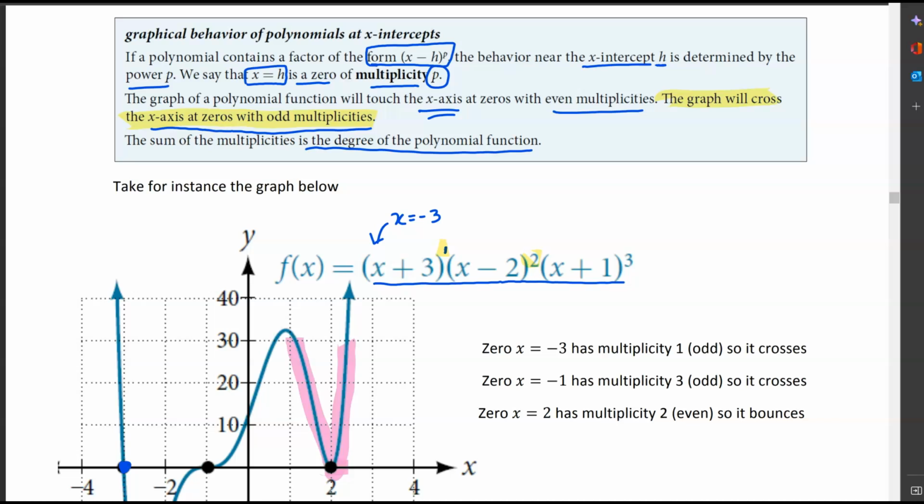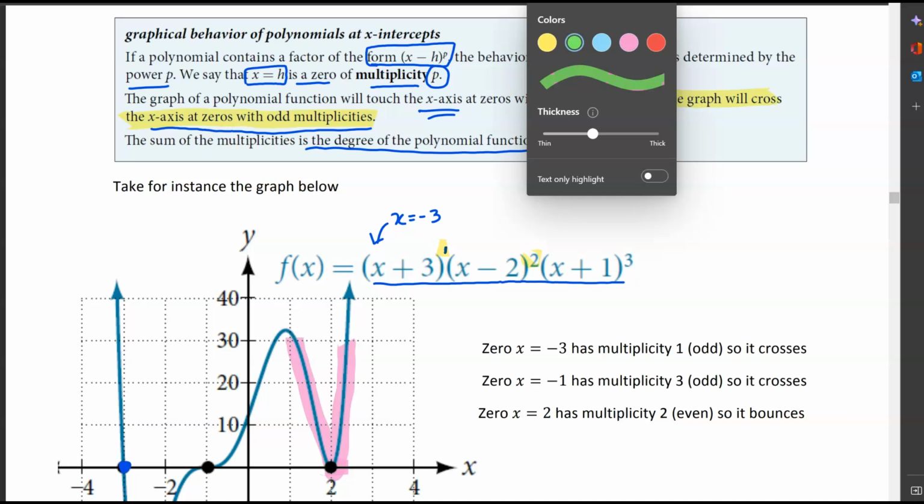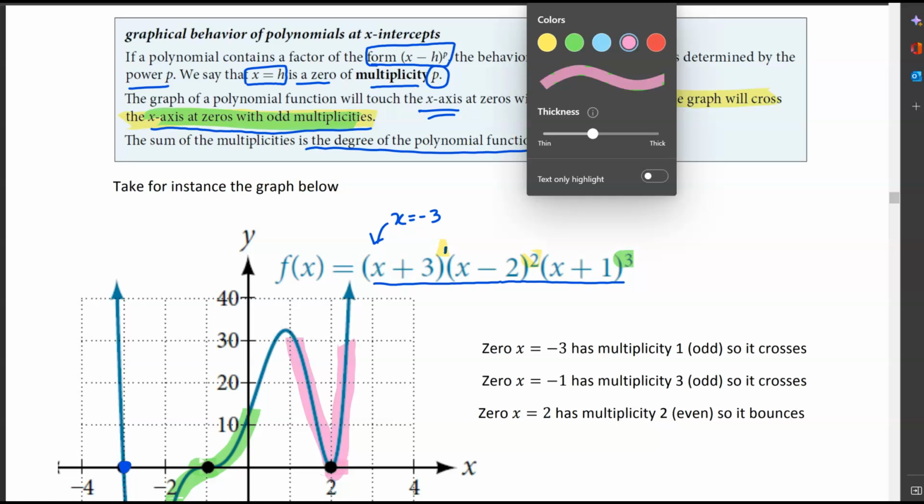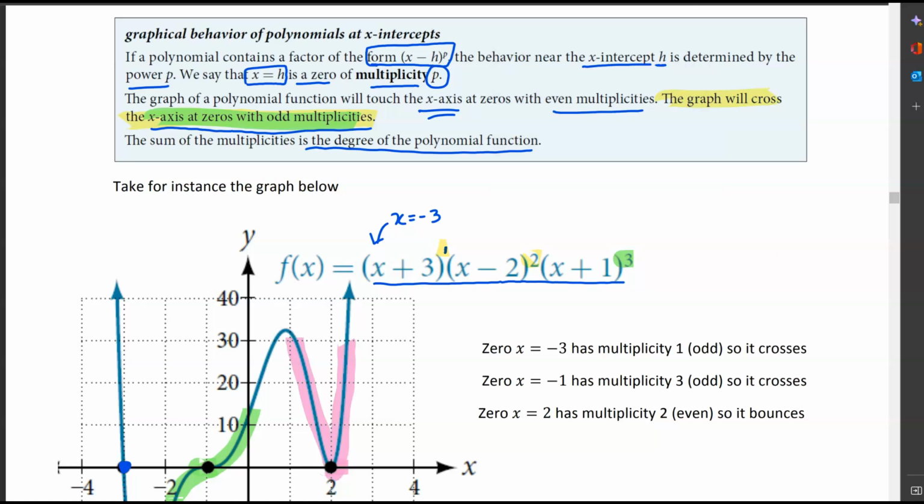Our last one here is x plus 1, which is an odd multiplicity of 3, and that's our zero here. Again, notice how our function goes through, and that's because it crosses the x-axis with an odd multiplicity. But with an even multiplicity, it will touch the x-axis. That's what's happening here.